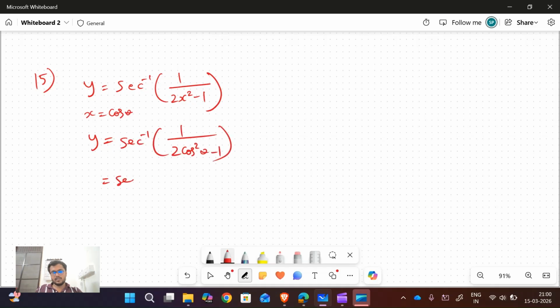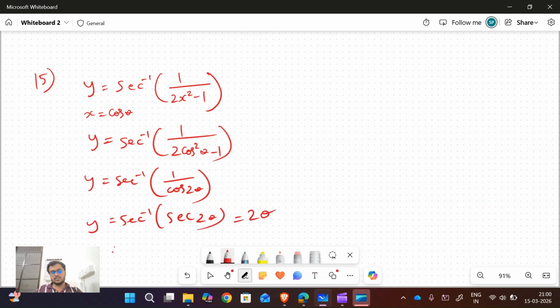So this will be nothing but secant inverse of 1 by cos 2 theta. This is nothing but secant inverse of secant 2 theta. So this is again same. This will be 2 theta only. So your y will be 2 cos inverse of x. Nothing but minus 2 by root of 1 minus x square.